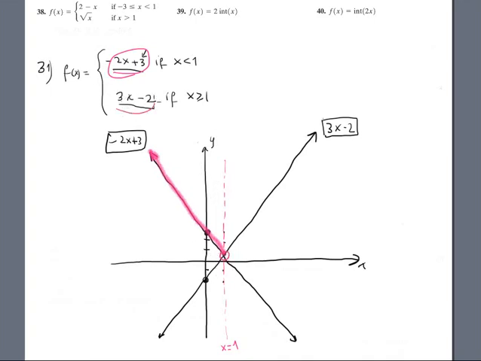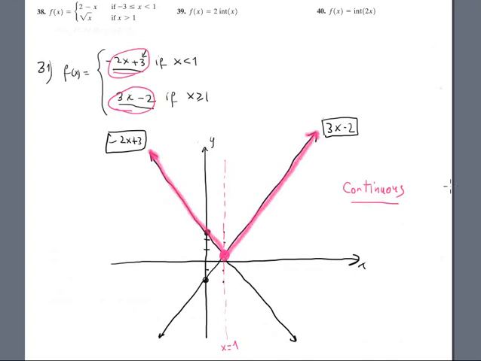However, the second piece is after 1, here, and in this case we have a coincident point. We have an empty circle and a full circle overlapping, and this is the graph of the piecewise function. Okay, obviously this is a continuous function in the domain.